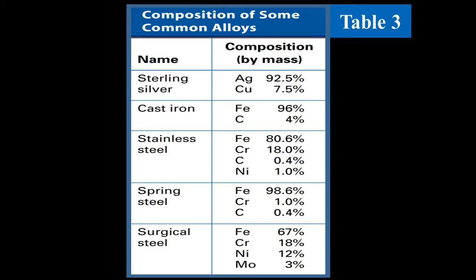Spring steel. Surgical steel, very precious stuff, very expensive. Look at that. It has a lot of nickel in it and some molybdenum. So that makes it very special, doesn't rust, keeps its shape. So those are simply 5 alloys, but there are many, many, many alloys.